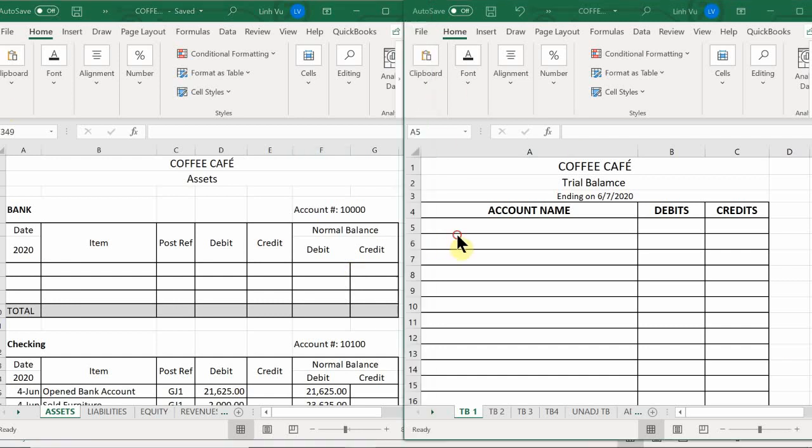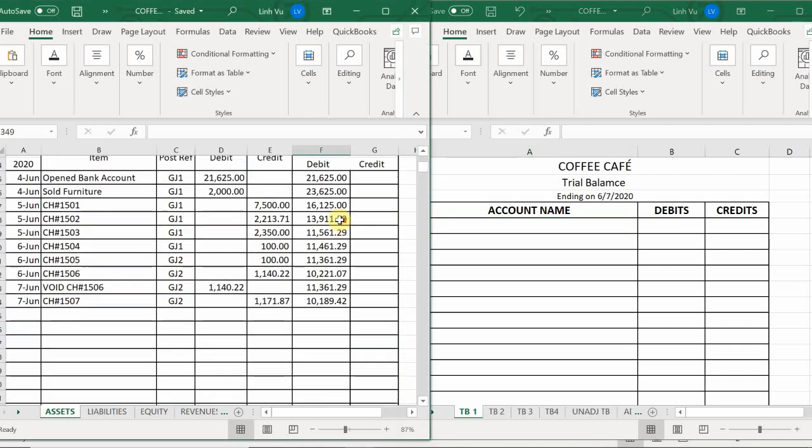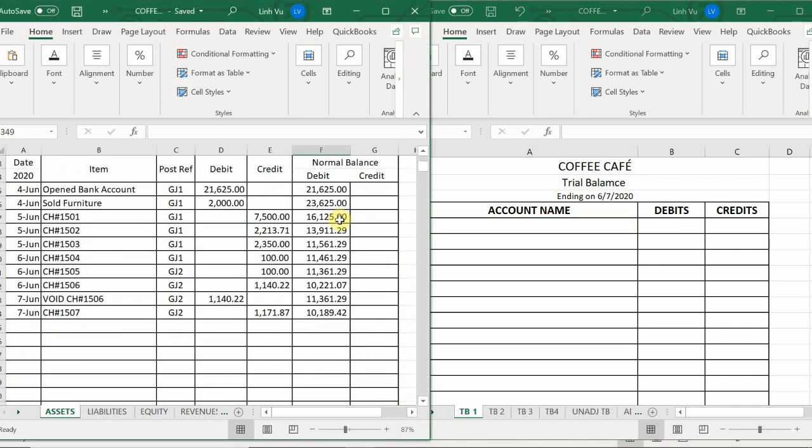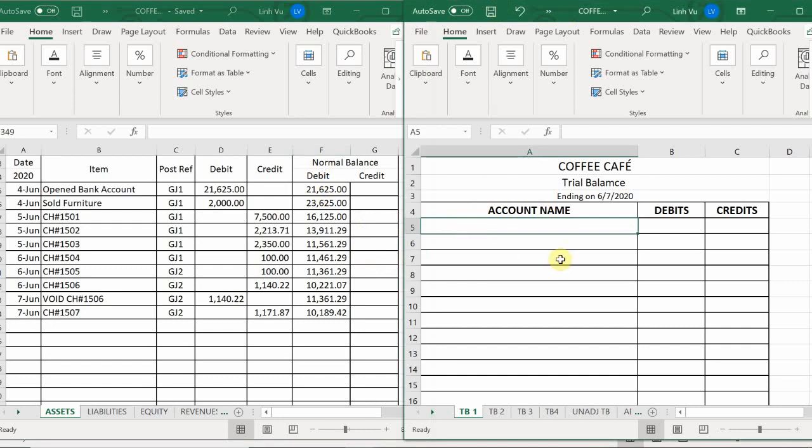For this example, the very first account I have is checking. What is my current account balance in my checking account? 10,189.42. Okay, and another question: what normal balance does it have, a debit or a credit? Debit.